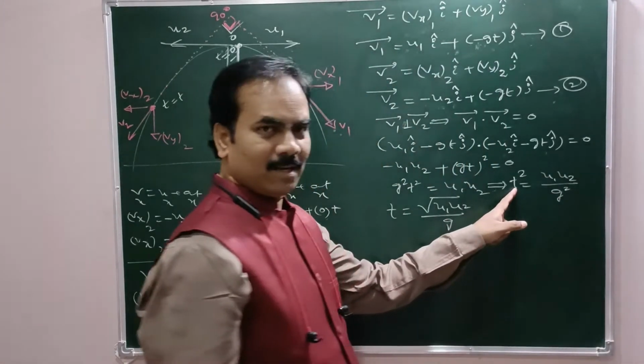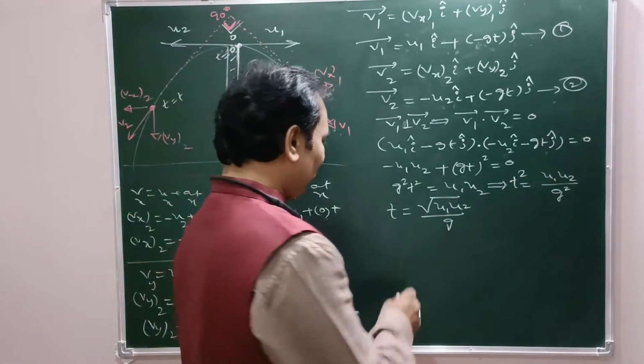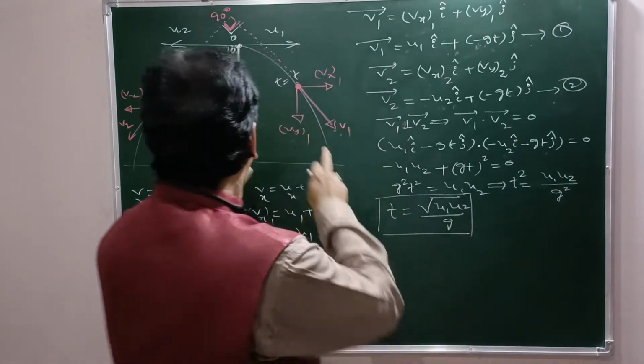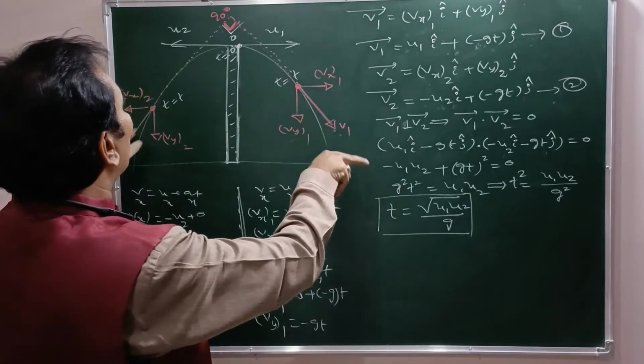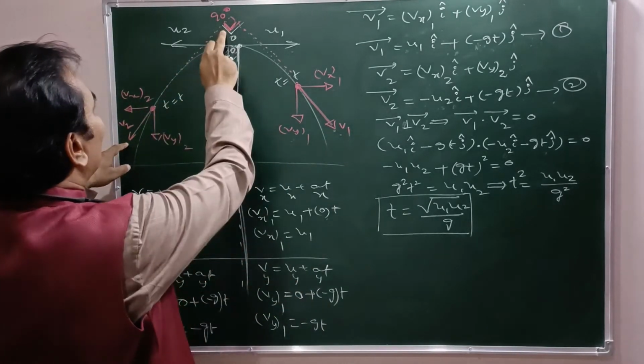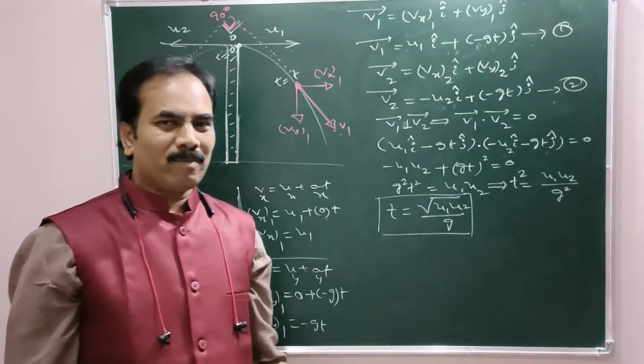So making t the subject, t equals root over u1 u2 by g. So this is the time after which both projectiles move perpendicular to each other. The angle between v1 bar and v2 bar becomes 90 degrees after this much time, that is t equals root u1 u2 by g.